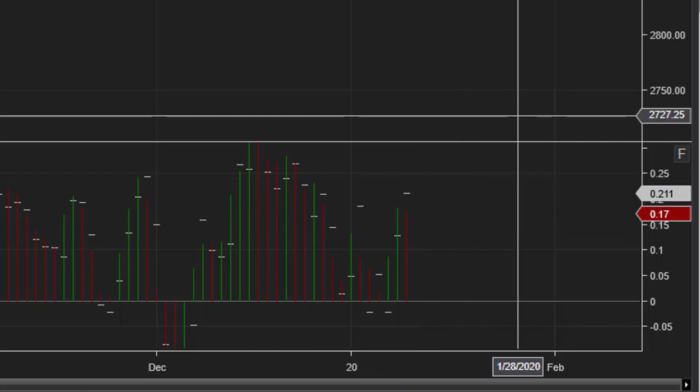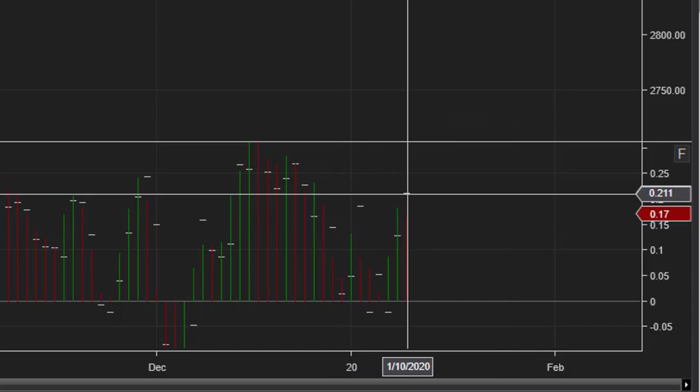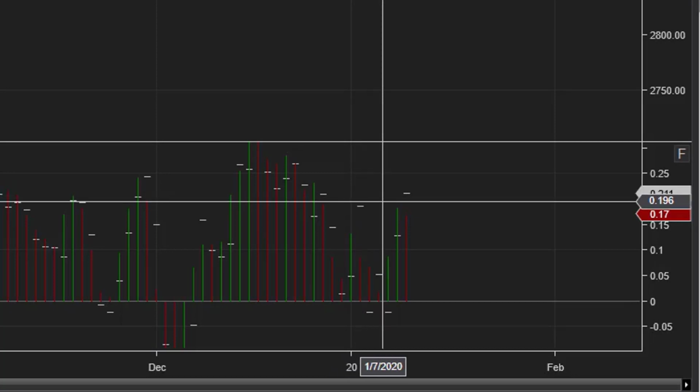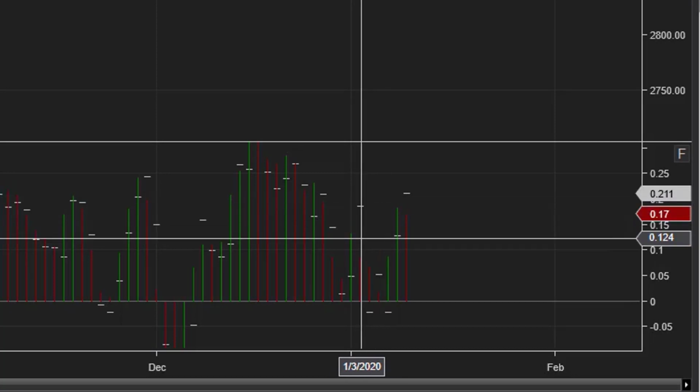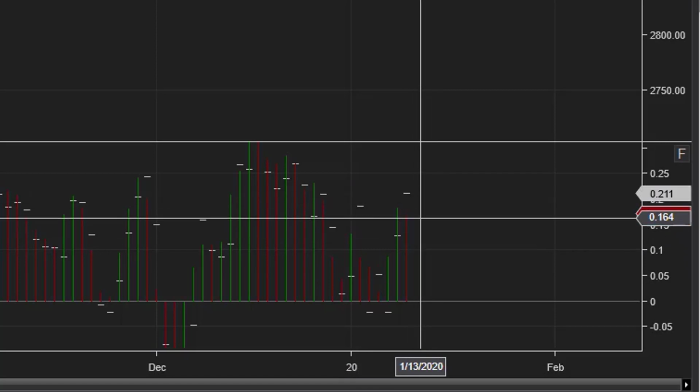So the significance of this is this. If you look at this one on the 10th, Friday, compared to this one on the 3rd, you see where this one is, and then you see where this ended. And now you see where this one is, and you see where this ended.